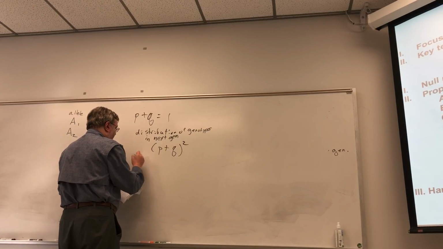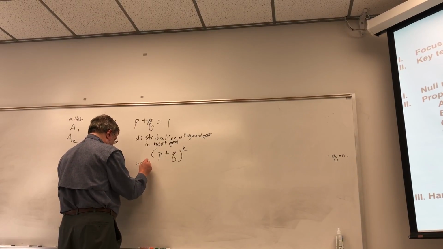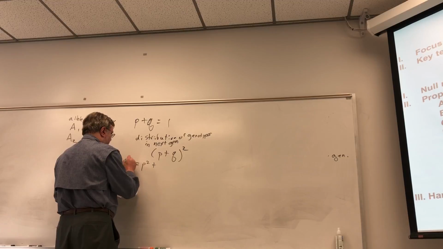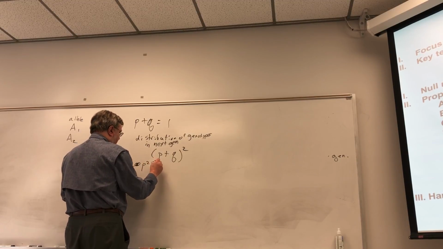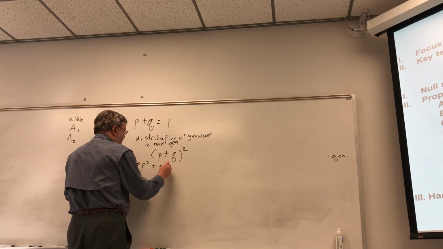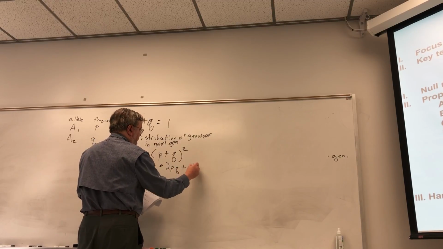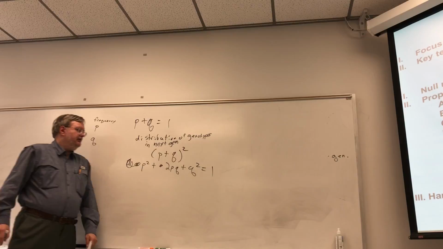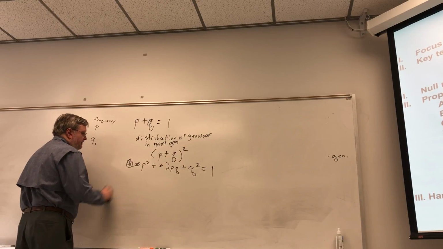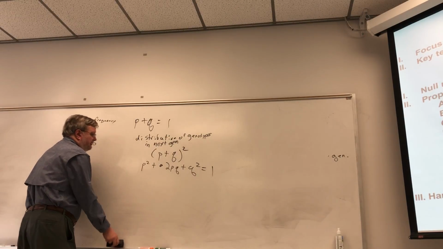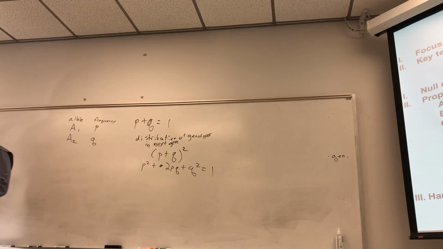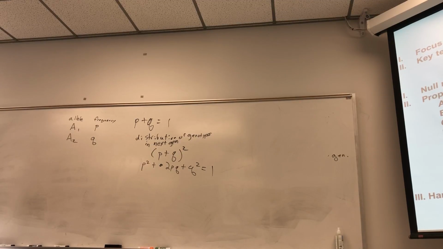You ought to know from your algebra that comes out to P squared plus 2PQ plus Q squared equals 1. Have you seen that type of equation before? It's basically your old quadratic equation. So this is the distribution of genotypes in the next generation.